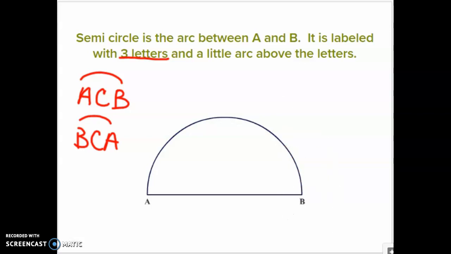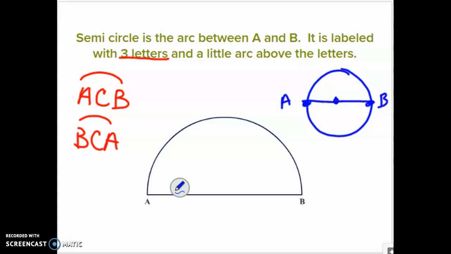Now, I want to show you why we label with three letters. Let's say I have a circle here. I'll use the same endpoints A and B. That's my diameter. I'll put C back up here, and I'll also put a letter D down here.